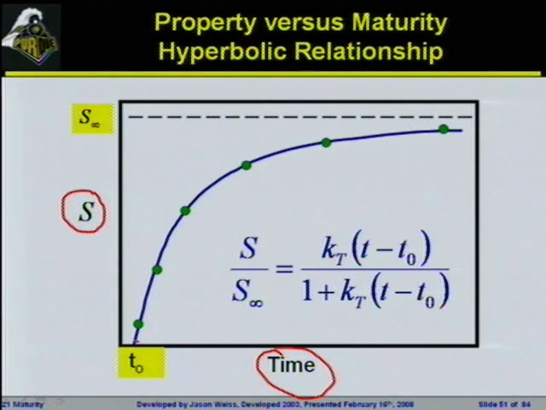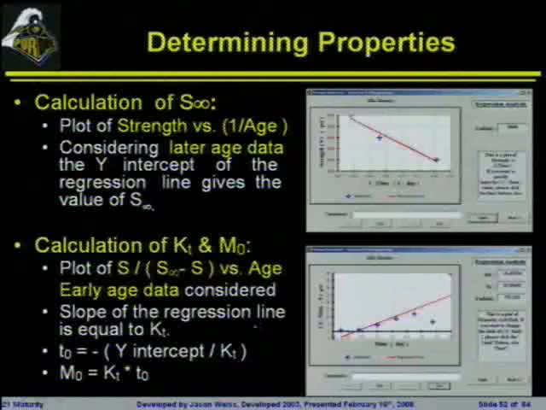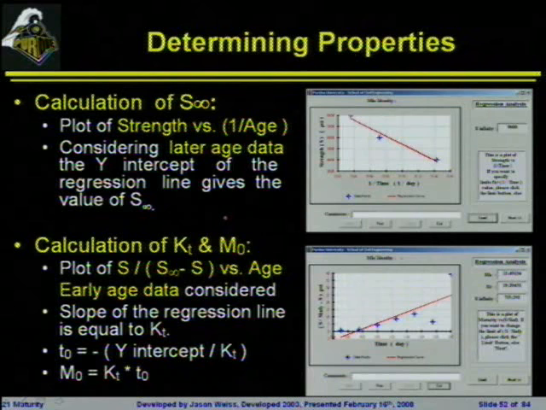T0 is the time of set. This is typically going to be somewhere between initial and final set, but we could estimate that value. And the slope of the curve initially is going to give us some indication of our rate constant. Once you have this information, you can predict the master curve and all the points that lie on it.